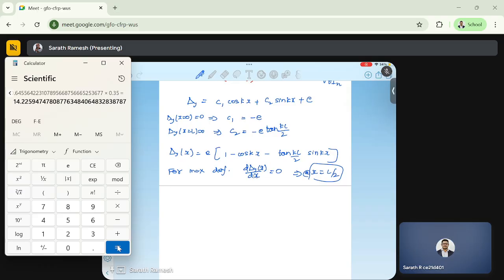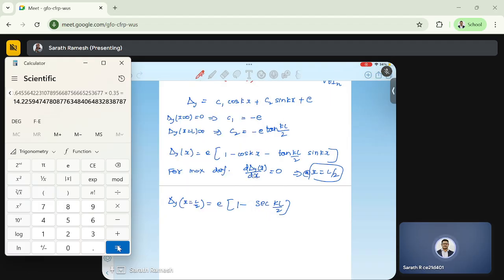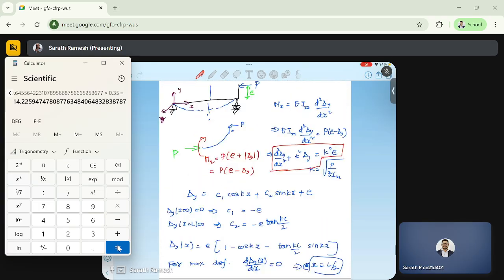When we substitute this value in the deflection, we will get e times 1 minus secant KL by 2. This is the formula we have to know for solving problems, for maximum deflection.